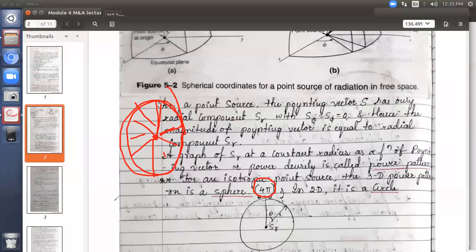The angle covered is 4 pi. So the three-dimensional power pattern for an isotropic antenna is a sphere because it radiates in all directions uniformly, which is equal to 4 pi. And if I talk about the two-dimensional paper, I can show it as a circle. But however, the angle is 4 pi, not 2 pi.